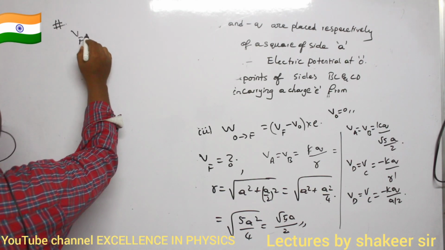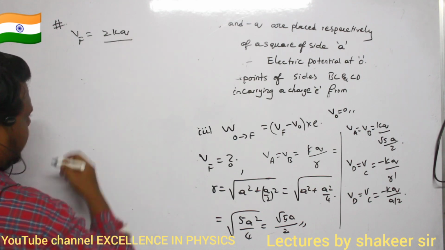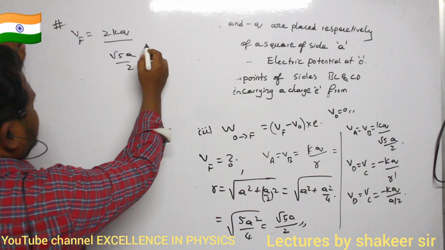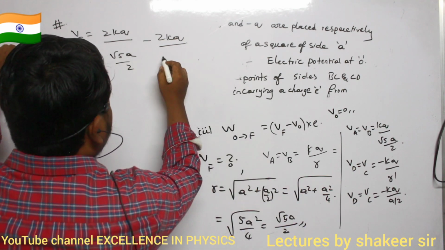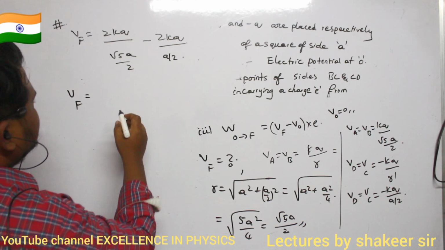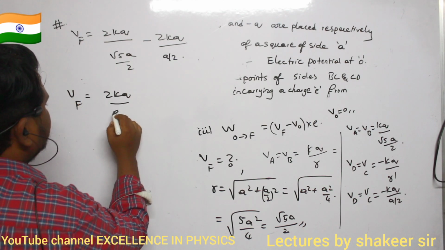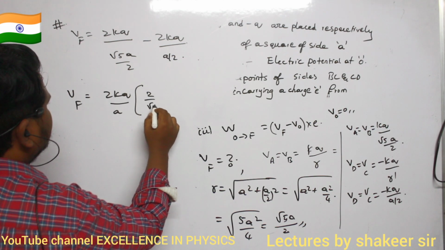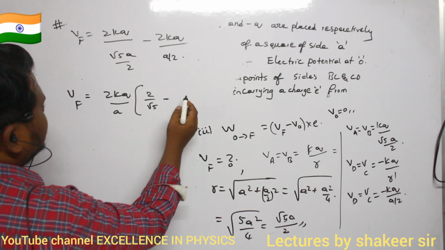So potential at point F is equal to 2 into KQ divided by R, where R value is root 5A divided by 2, minus 2KQ divided by, here our value is A by 2. That's all. So therefore, potential at point F is how much? 2KQ by A I can take common, no? So it is how much then? 2 by root 5 minus 2.